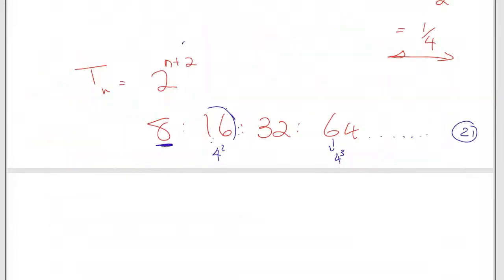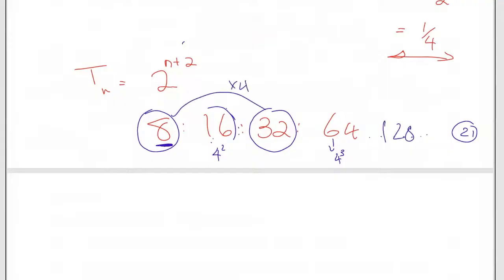Let's focus on the not. So our first term is 8, and then 32, and then we're going to have the next one. Someone will ask, what is the next one after 64? What is 2 to the 6? No, that is 64, and then 2 to the 7 is going to be 128, meaning that we are just multiplying by 4. Simply meaning that the common ratio there is 4, and our first term is 8.